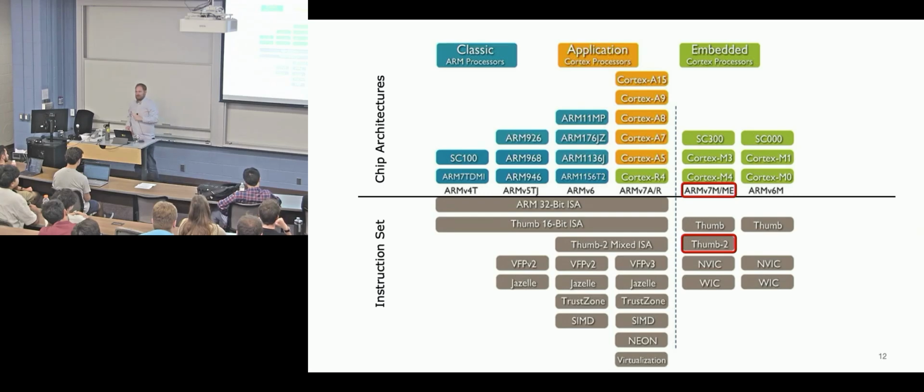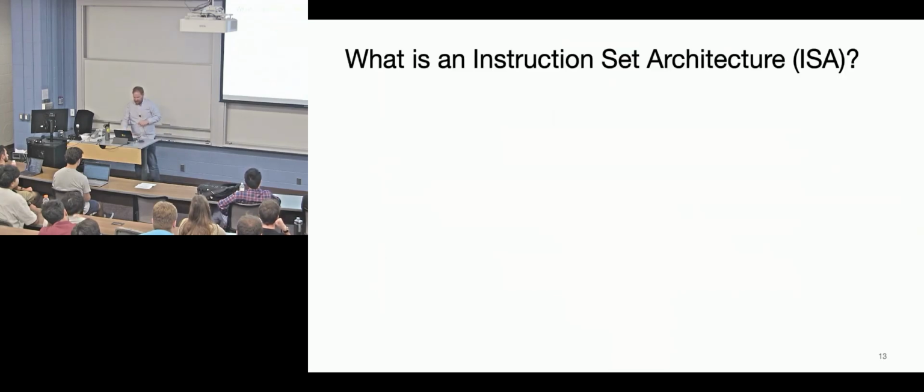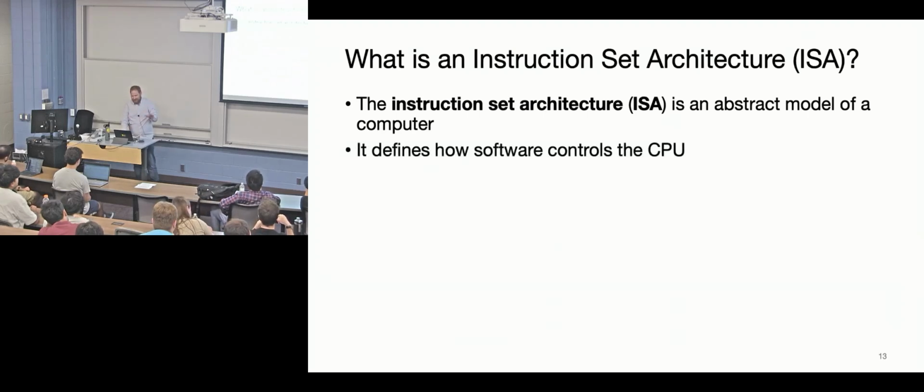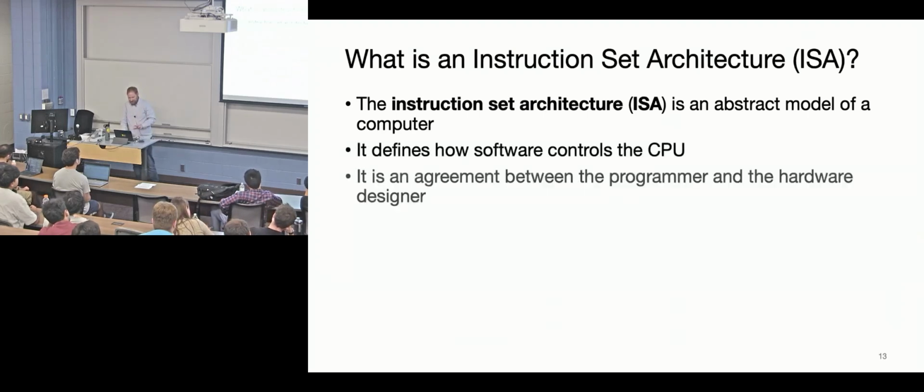Did you have questions? Okay. All right, so what is an instruction set? An instruction set architecture is an abstract model of the computer. It defines how software controls the CPU, and essentially it's an agreement between the programmer and the hardware designer that says, if you use these instructions, they will do exactly something.